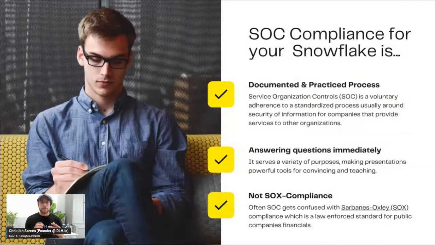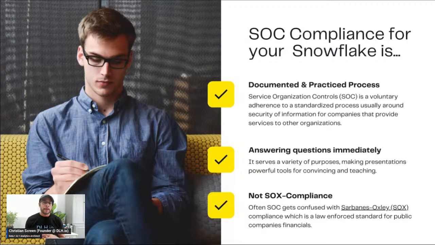And so as we think about what SOC compliance is for your Snowflake account, it's really that documented and practiced process, particularly around security. So service organization controls, or SOC, it really is that voluntary process that is typically around security of information.